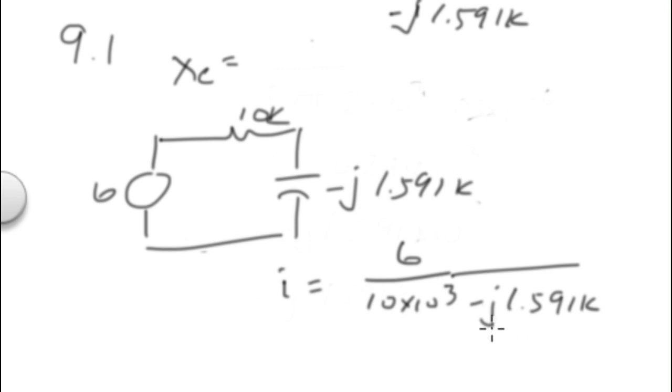So basically, I have to do this now from rectangular to polar, 10 R to P 1.591 equals 10.125. So the denominator is 10.125 at minus 9 degrees.